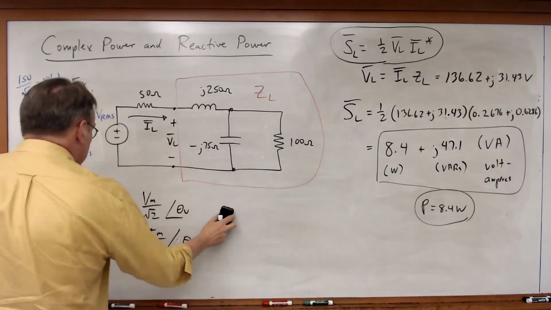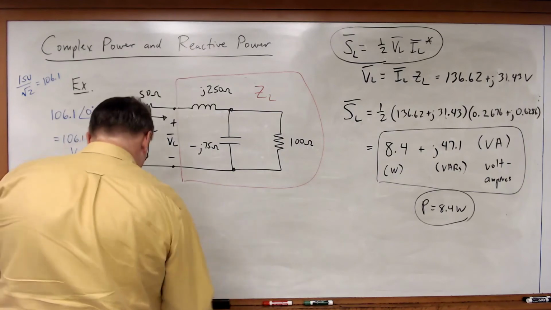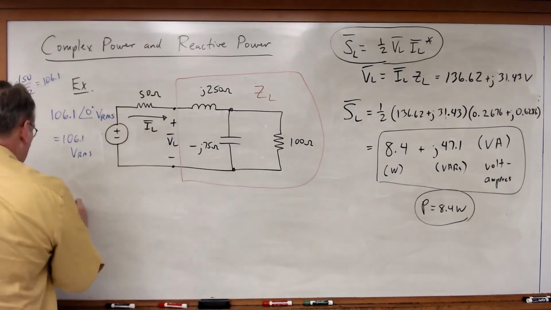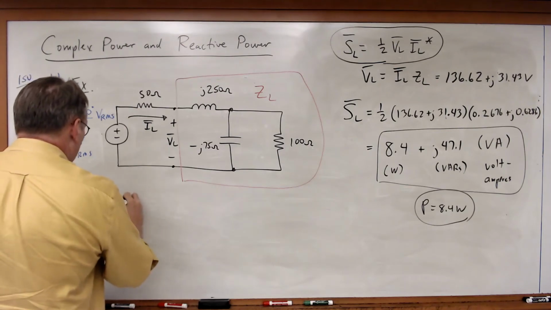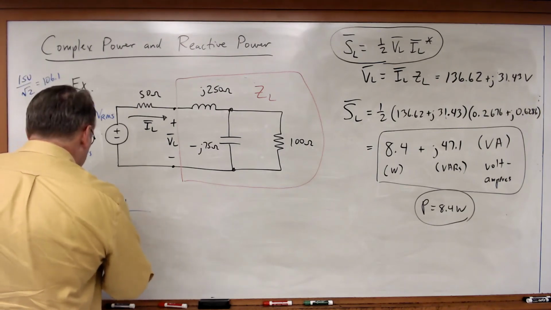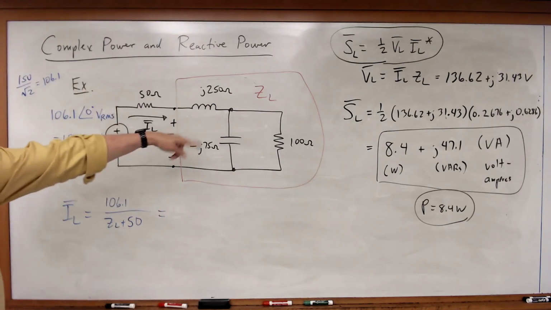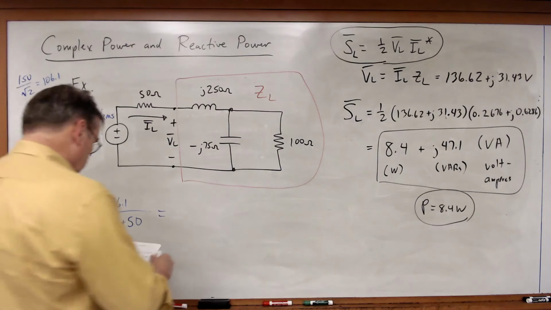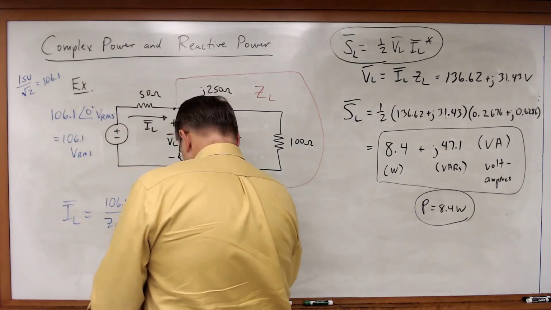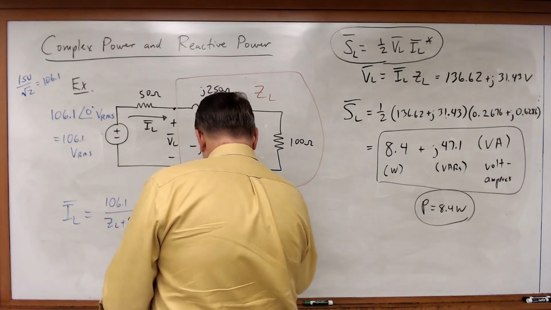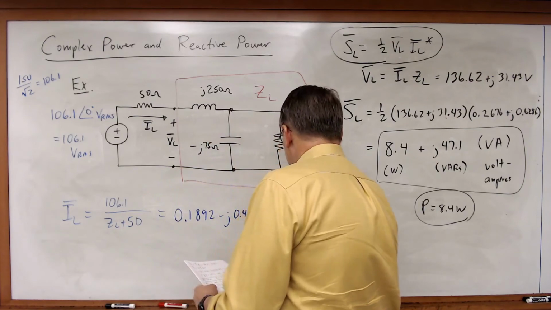But what I will get is the following. IL will now be equal to 106.1 divided by ZL plus 50. Using the same value of impedance I had before, this gives me 0.1892 minus j0.4445 amps RMS.